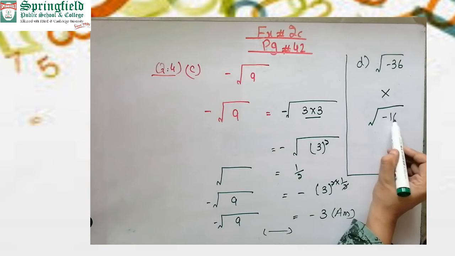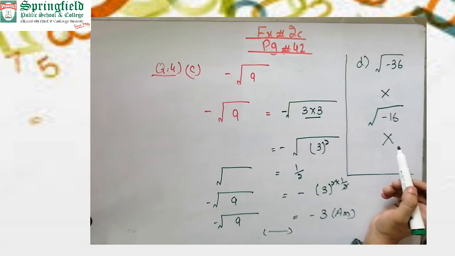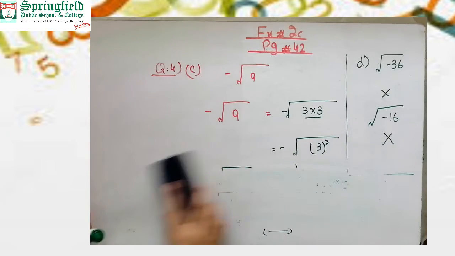Let's suppose minus 16. So we cannot find the square root of minus 16. We cannot find the square root of any negative numbers. So you can write here, it's not possible. Fine? It is not possible to find the square root of minus 36, and this is your final answer.